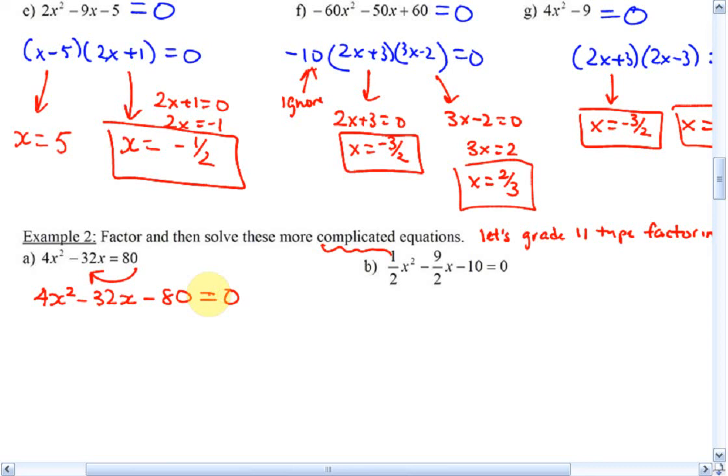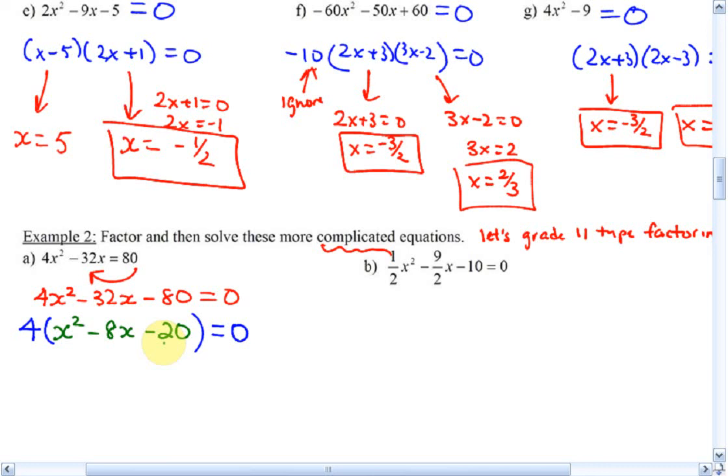But before you do that, what should you be thinking about? Is there something that is common between all three terms? 4. So please factor out the 4. What's left over when you factor out the 4? 4x squared divided by 4 is x squared. 32 divided by 4 is 8. 80 divided by 4 is 20. Good.